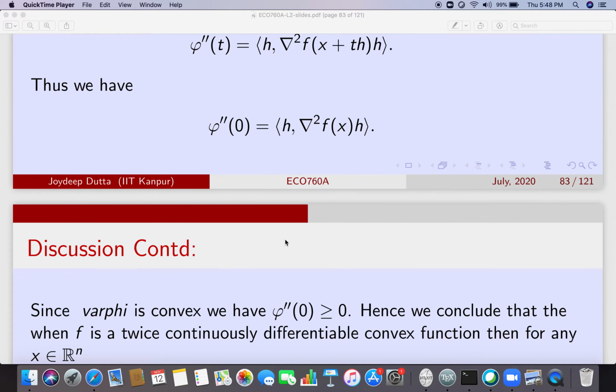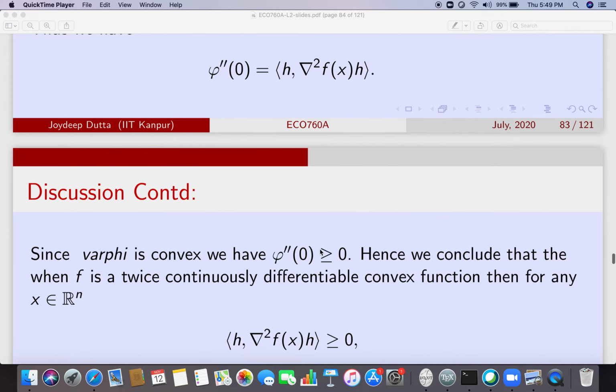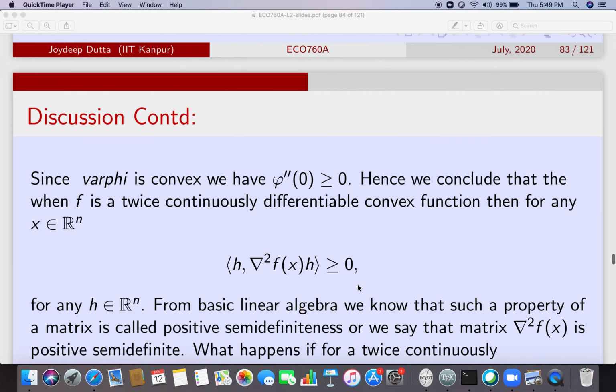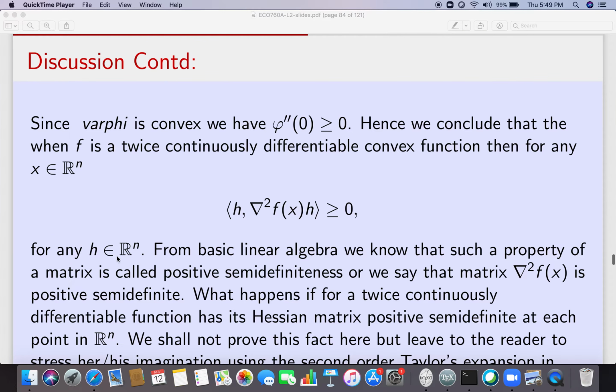So if f is convex, then phi is convex, which means phi double dash 0 is greater than or equal to 0. Hence, we can conclude that if f is a twice continuously differentiable function, then for any x in Rn this is true. And because h was chosen arbitrarily and x was chosen arbitrarily, this was true for any h as well.